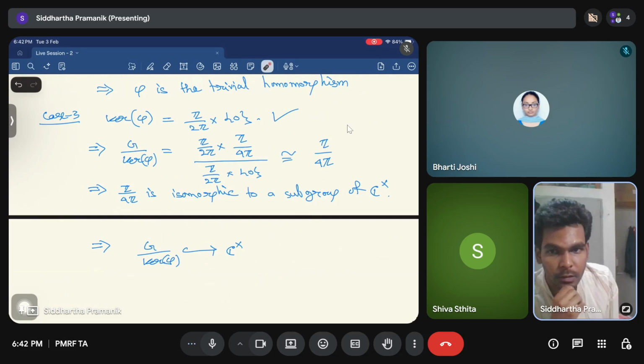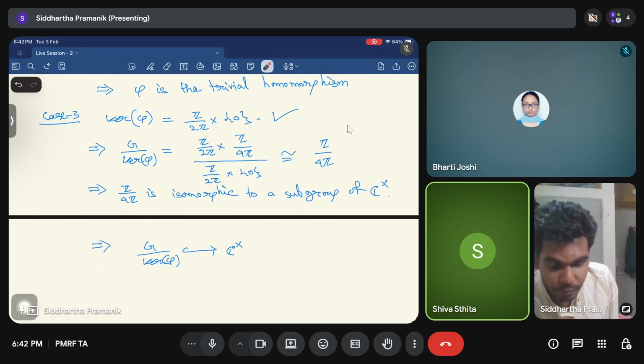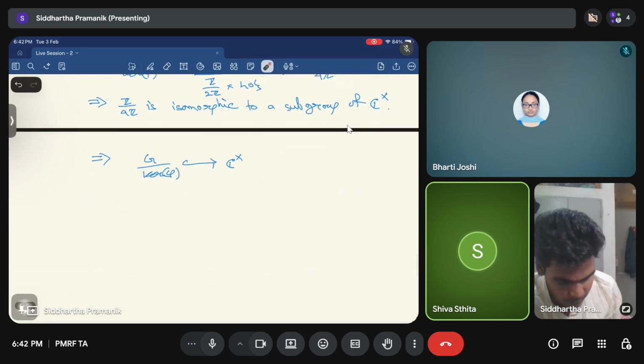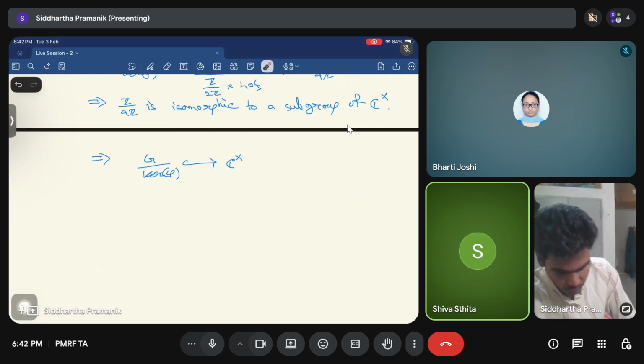If 1 goes to, there are two possibilities for the unit element, it goes to a primitive root.